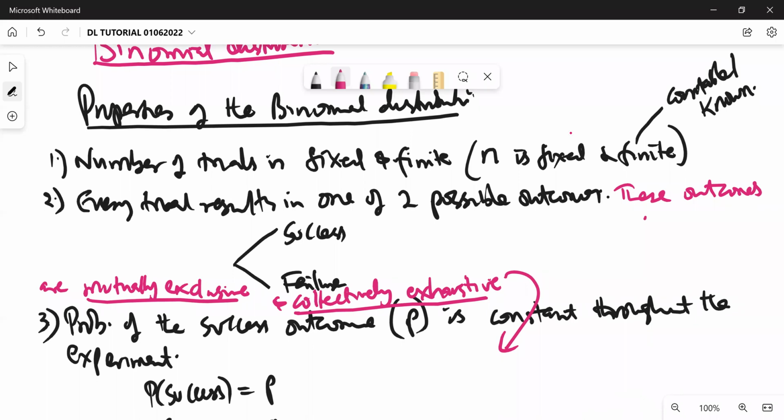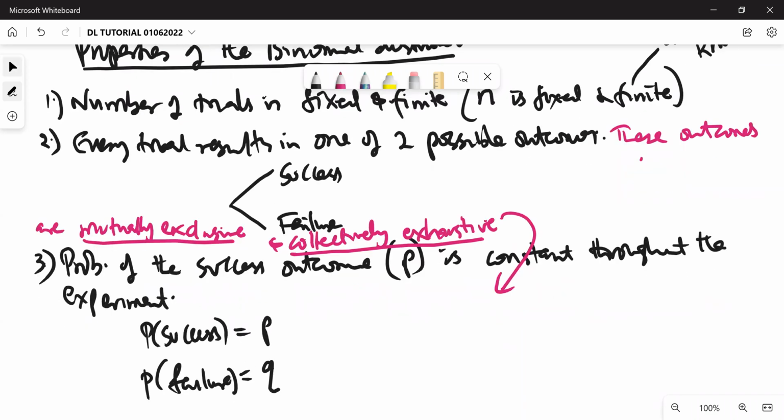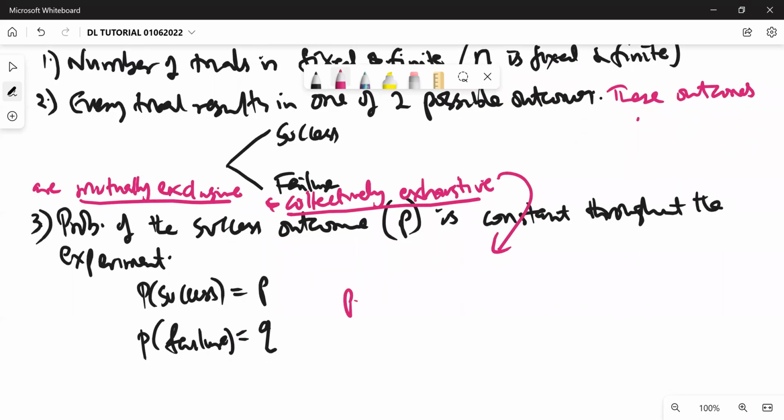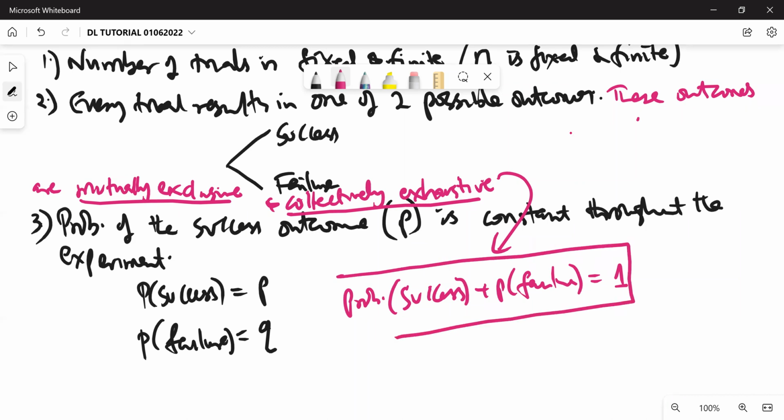Like when you toss a coin, you cannot get a head and tail at the same time. Once you get a head, it means that the tail has not occurred. Then we talk about collectively exhaustive. It means that if you take the probability of success plus the probability of failure, you will get the total probability, which is 1. So these two outcomes are the only possible outcomes. There isn't a third one, and one of them must always occur.